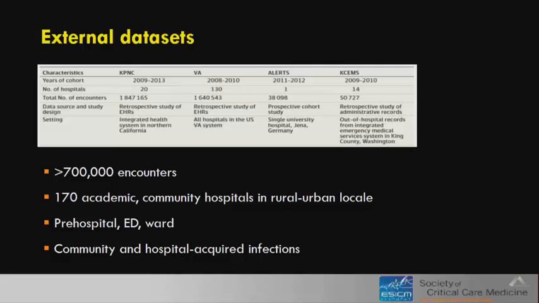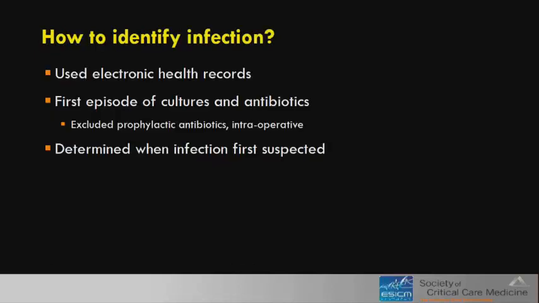So we went to the Kaiser Permanente database, to the VA database, and you can see there we're dealing with millions of people where we had information about several characteristics, including the possibility of infection.